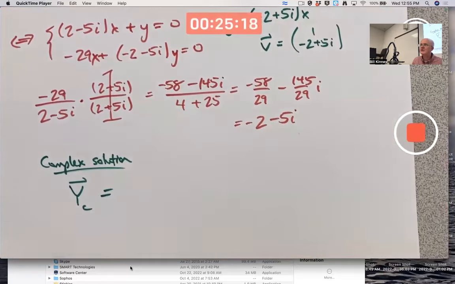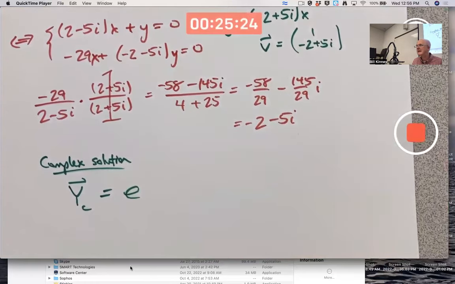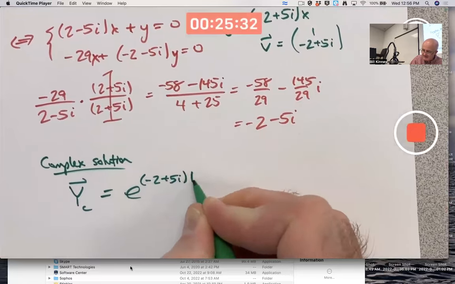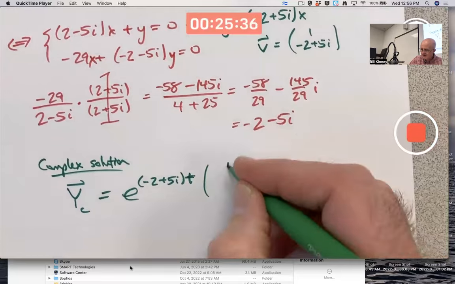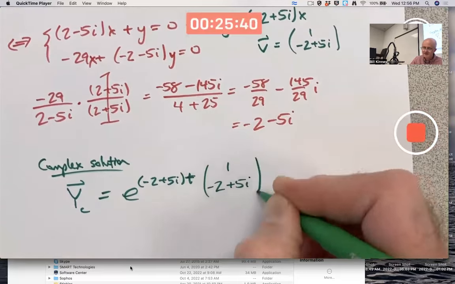And analogous to what you do in the real case, you take e to the lambda times t times the corresponding eigenvector. What's lambda here? It's negative 2 plus 5i. Multiply that times t, and multiply times the corresponding eigenvector. 1 for the first component and negative 2 plus 5i for the second component.